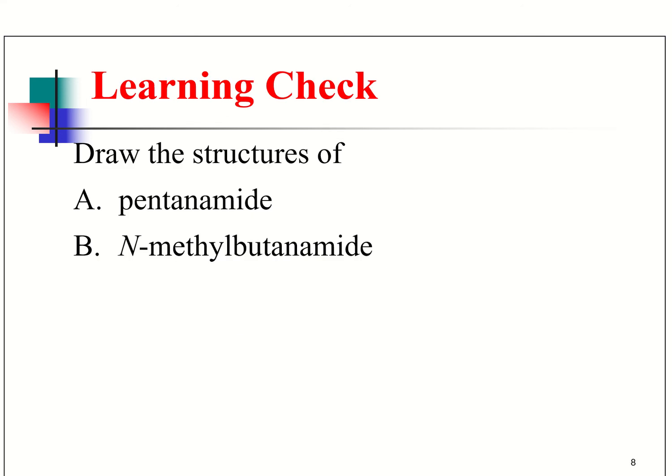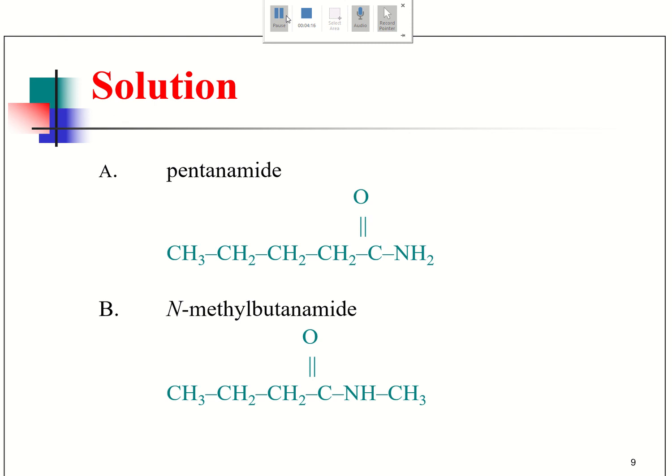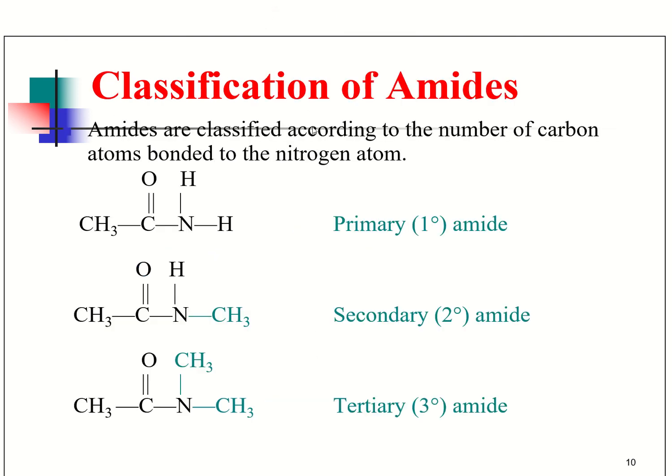If you could maybe pause the video and draw the structures of those molecules that are on the board. Okay, so those are the answers. You should have got those, hopefully fairly straightforward. I talked earlier a little bit about primary, secondary, tertiary, very simple.